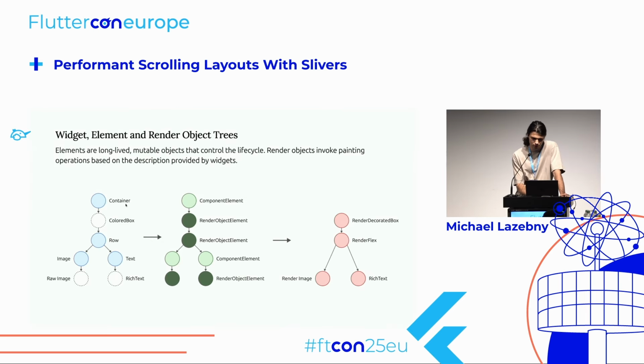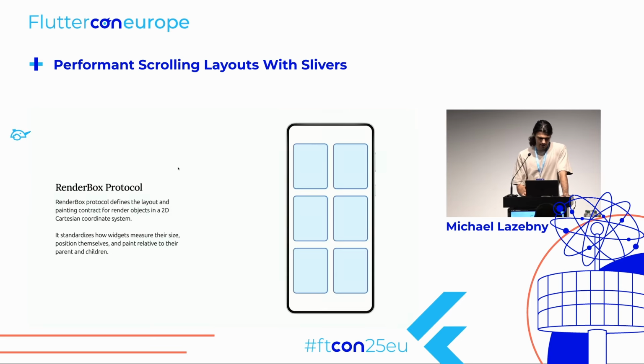As you can see, Container under the hood returns other widgets like ColoredBox, Padding, DecoratedBox. But atomic widgets, ColoredBox for example, describe that something should actually be colored. Based on those widgets that describe what to paint, actual render objects are created. And we will talk about render objects more today.